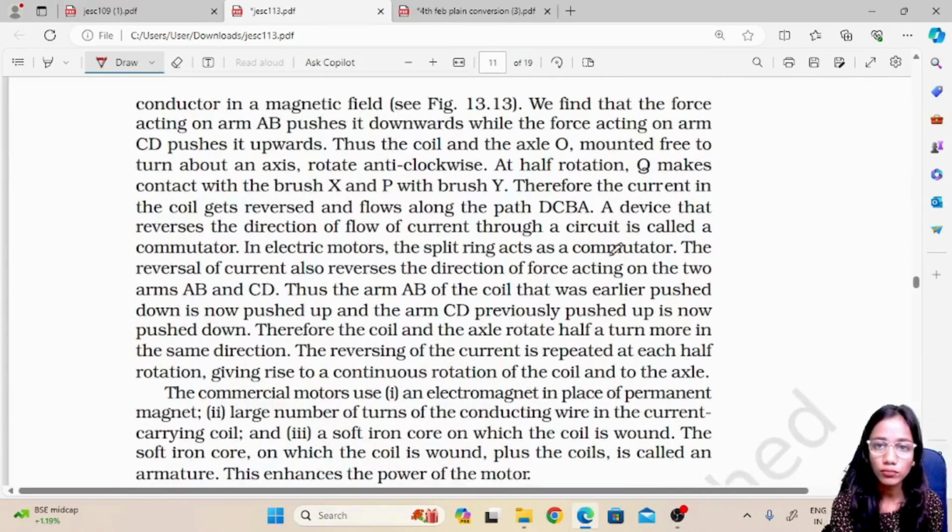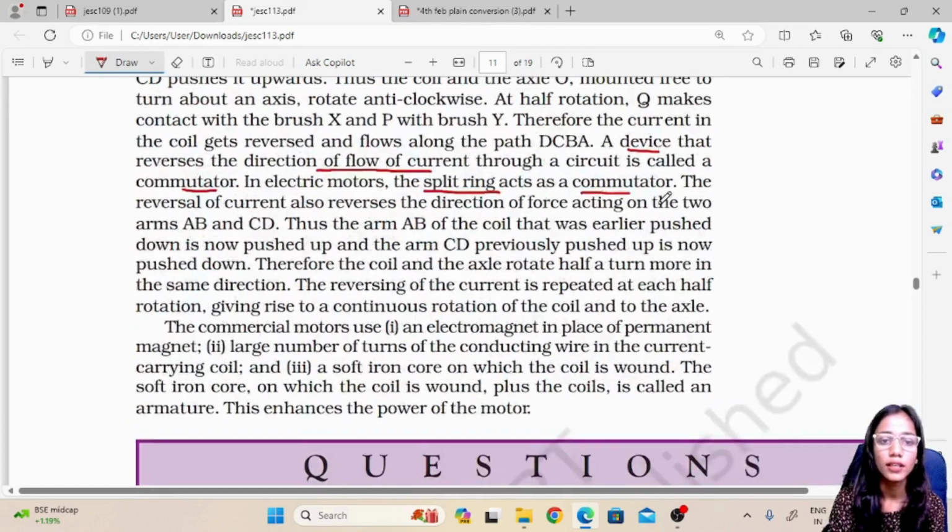A device which reverses the direction of the flow of current is called the commutator. Over here, the split rings, because they make contact with different brushes, act as the commutator. So reversing of the current at each repeated half rotation gives rise to continuous rotation of the coil and the axle.